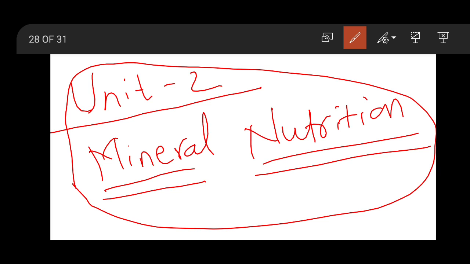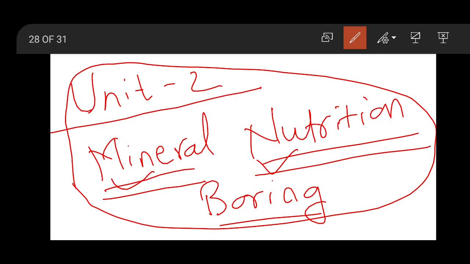As far as mineral nutrition is concerned, many students think this is a boring unit. This is not a boring unit, this is a very interesting unit, and it has practical application and significance in your farmland, in your farm field.